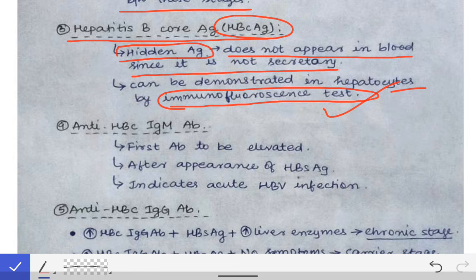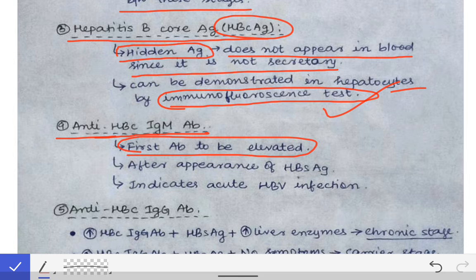Next is the anti-HBc IgM antibody. Now coming to the antibodies. The first antibody to be elevated in hepatitis B infection is the HBc IgM antibody.